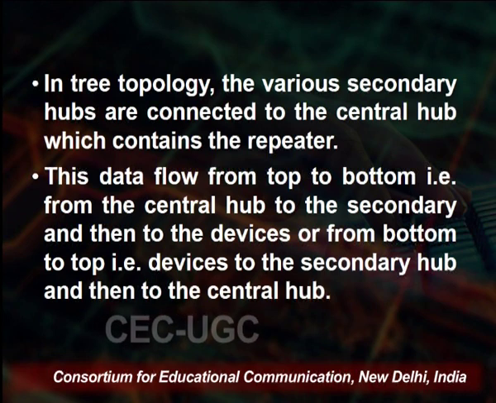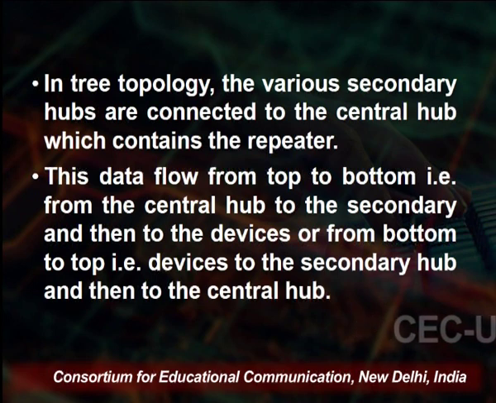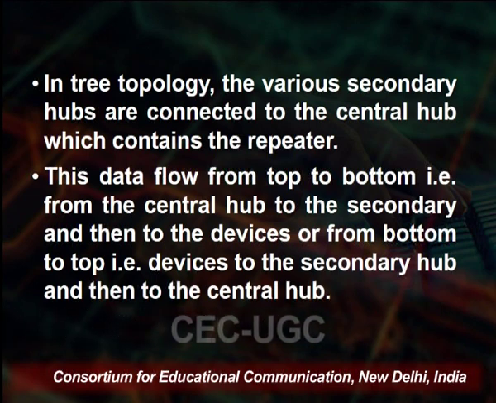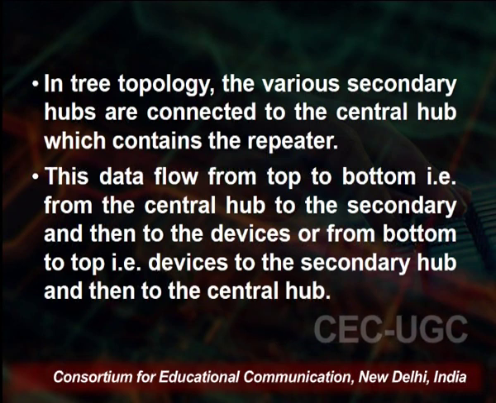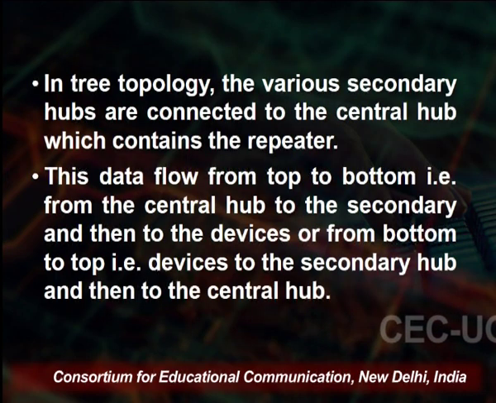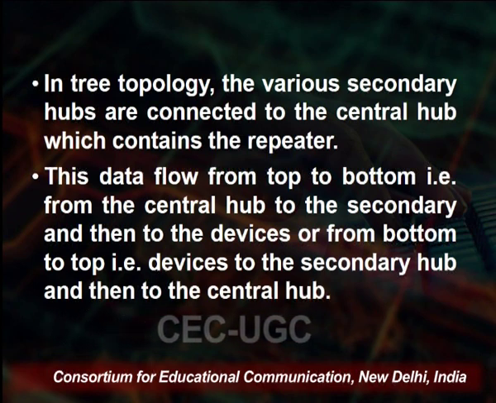In tree topology there are various secondary hubs which are connected to the central hub which contains the repeater. Let us say device 1 here is the central hub, and there are various secondary hubs which are connected to this central hub.